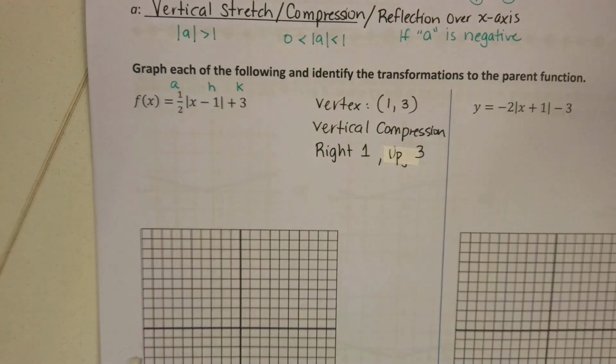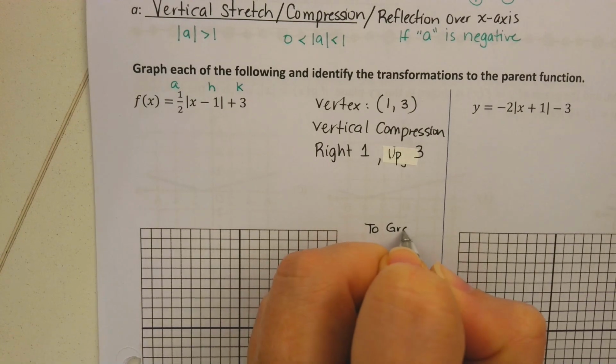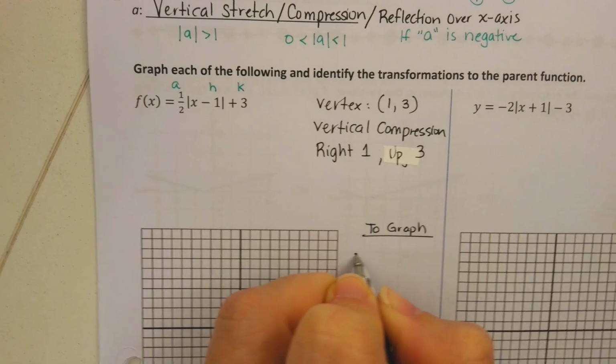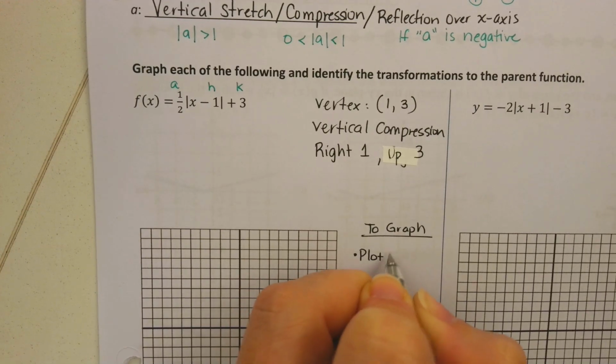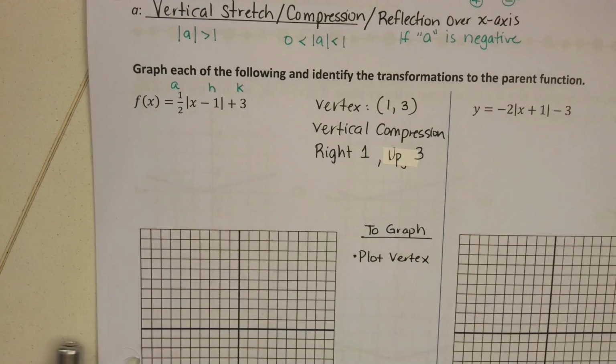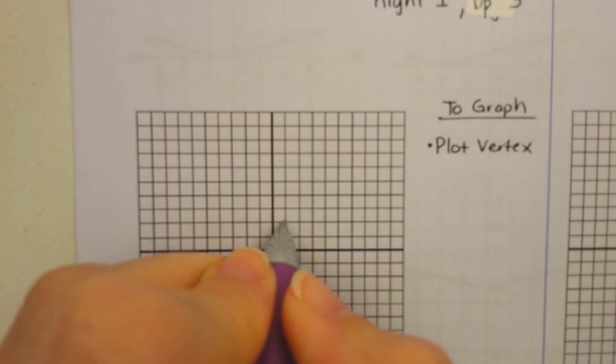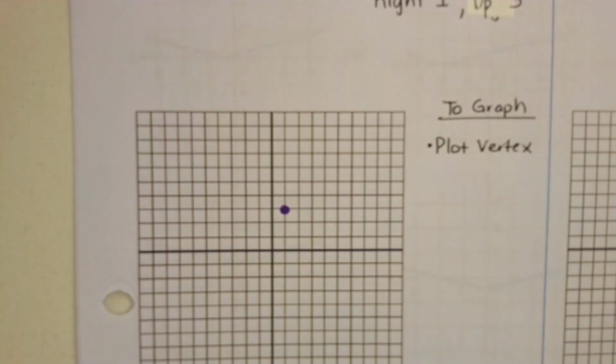Okay, to graph, we're going to start by plotting the vertex. Step 1, plot vertex, which is at +1, +3. There it is. Okay.